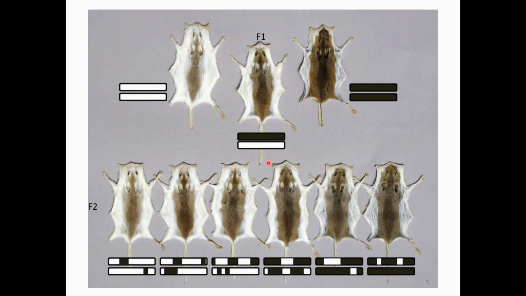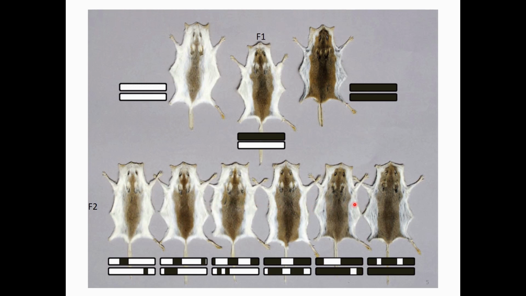And this leads in the second generation called F2 to this continuum of expression of the trait, here being the color of the coat, having two extremes, either the light or the dark, and we have other expressions in between.